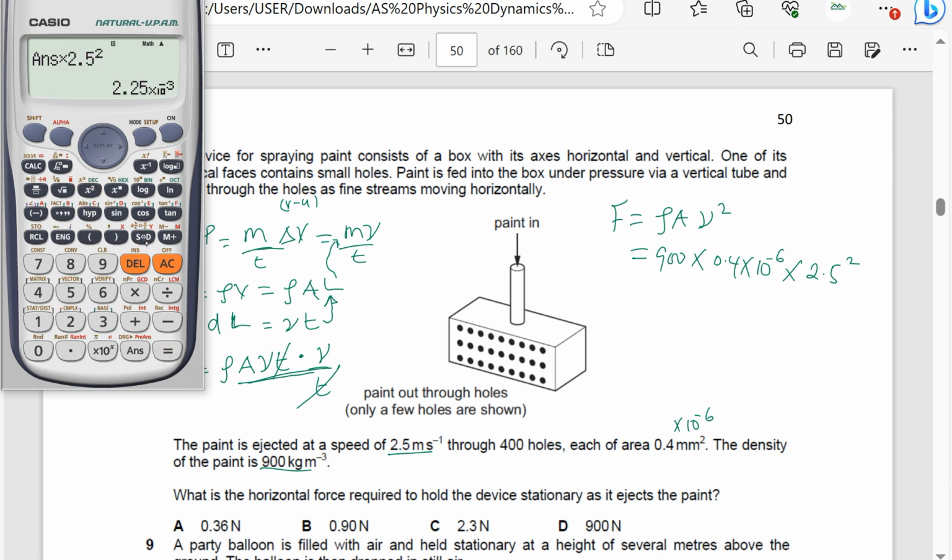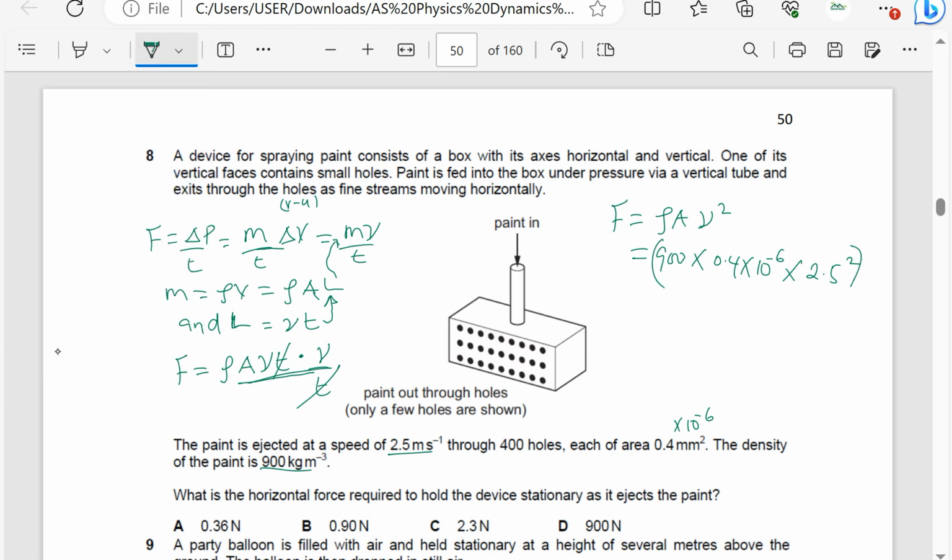So I'm getting... Okay, let me repeat this again. 2.5 squared times... oh, there are 400 holes. So that is just for one, okay? So I'll multiply this by 400.